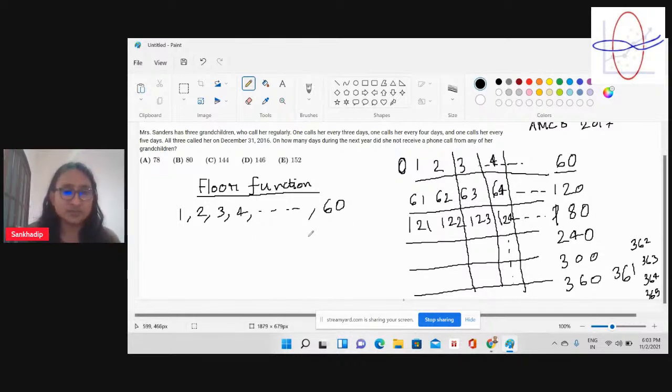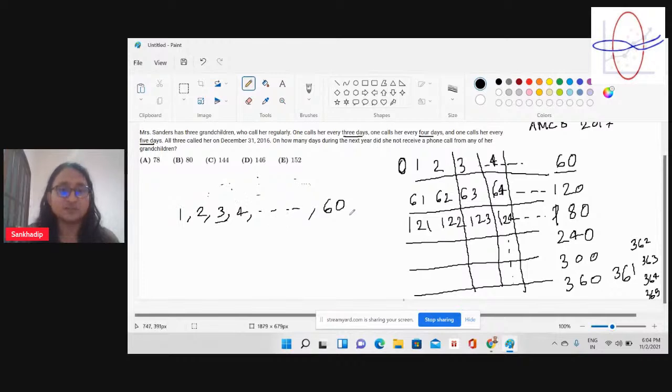In fact, we don't need multiples of 2, because it is every third day, every fourth day, and every fifth day. So multiples of 3.